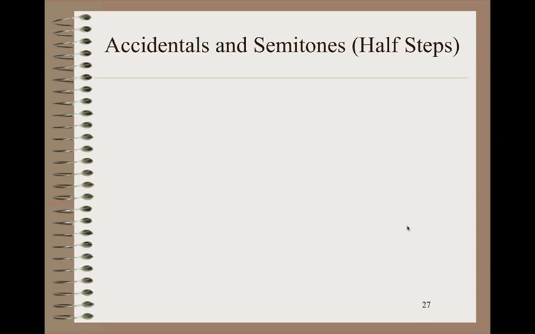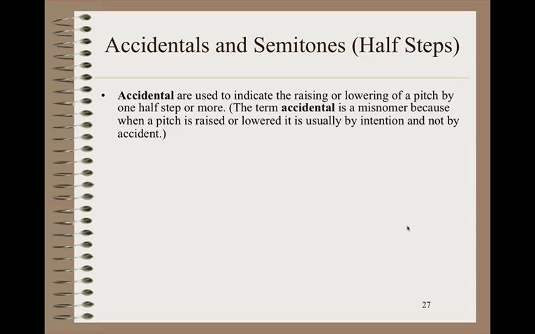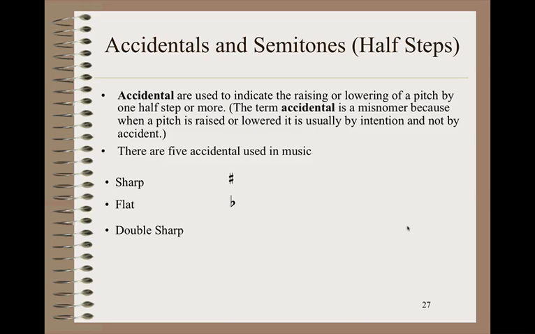Now let's go ahead and talk about accidentals and semitones, or what we've referred to as half steps. What's kind of interesting is that accidentals are really a misnomer, in that the composers don't consider them to be an accident. They intended for them to be used in music.